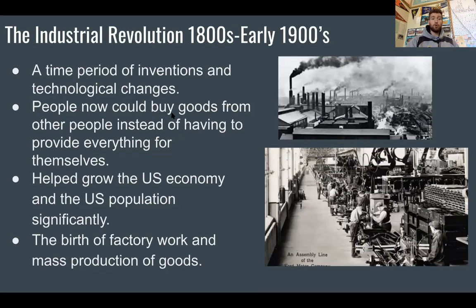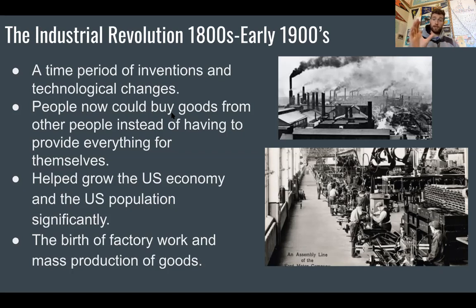People now could buy goods from other people instead of having to provide everything for themselves. It helped grow the U.S. economy and the U.S. population significantly, and it was the birth of factory work and mass production of goods. Essentially, the word industry just means production and producing.